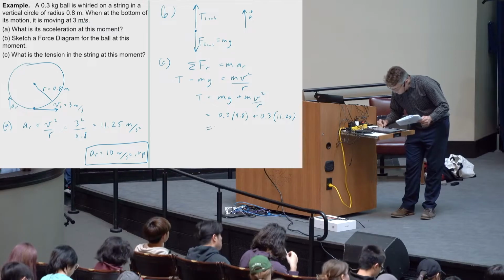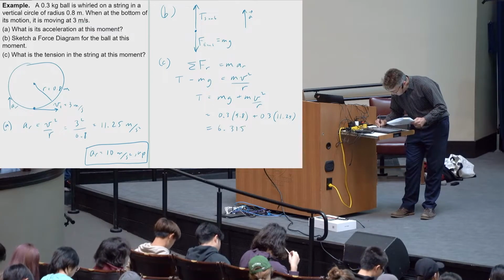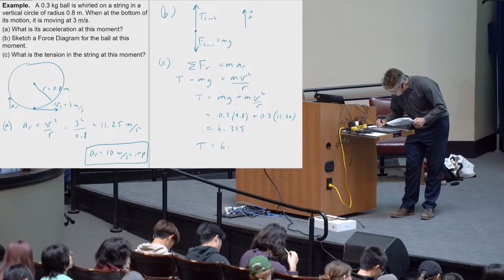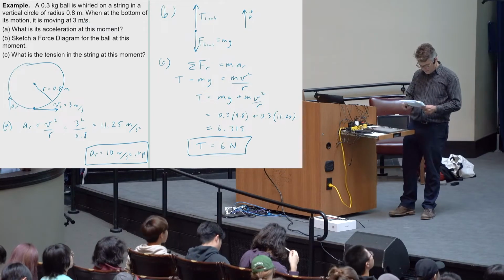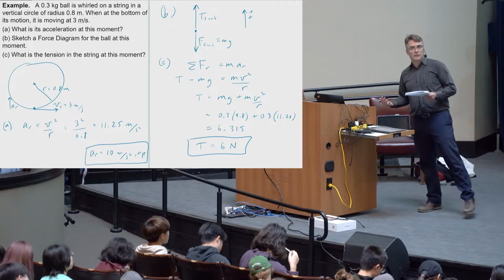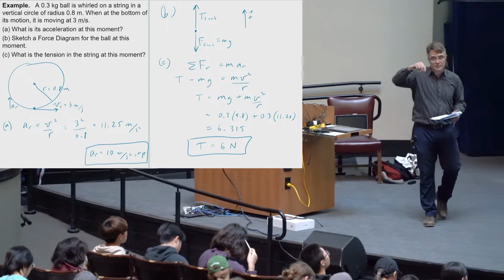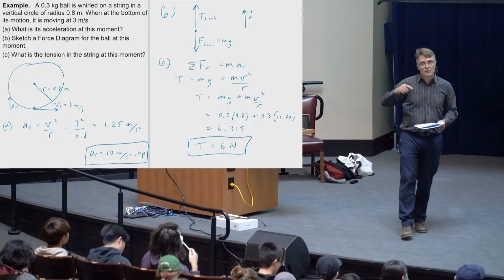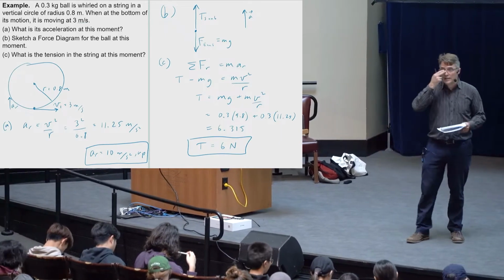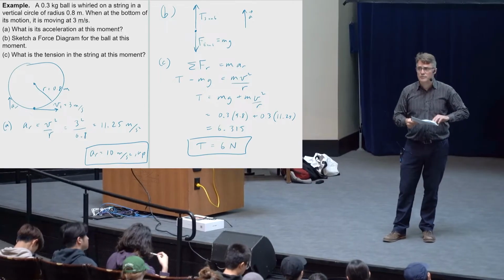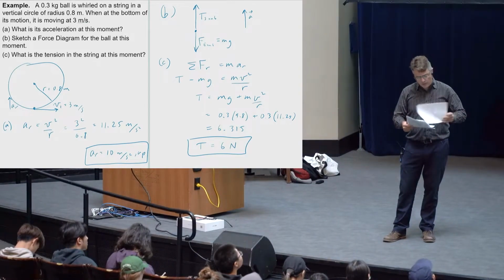And I've got 6.315, so the tension is approximately 6 newtons. Which is a lot more than 3 newtons, which is what it would be if it was just sitting still. When you whirl it around in a circle, you have to have the tension compensating for gravity and also giving it that radial acceleration upwards of the 10 meters per second squared.